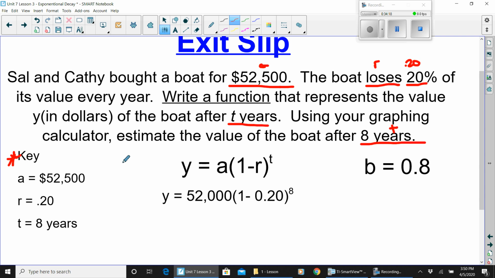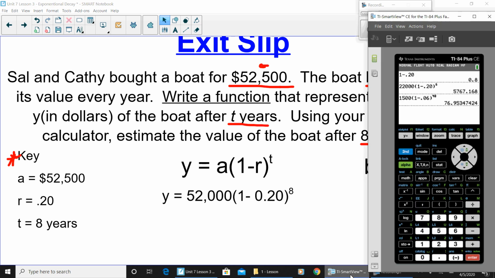So you know that you're using the decay formula, the 1 minus R. And the T is 8 years. So I set up the formula here, substituting A in 52,000, and then 1 minus 0.20 to the 8th power.